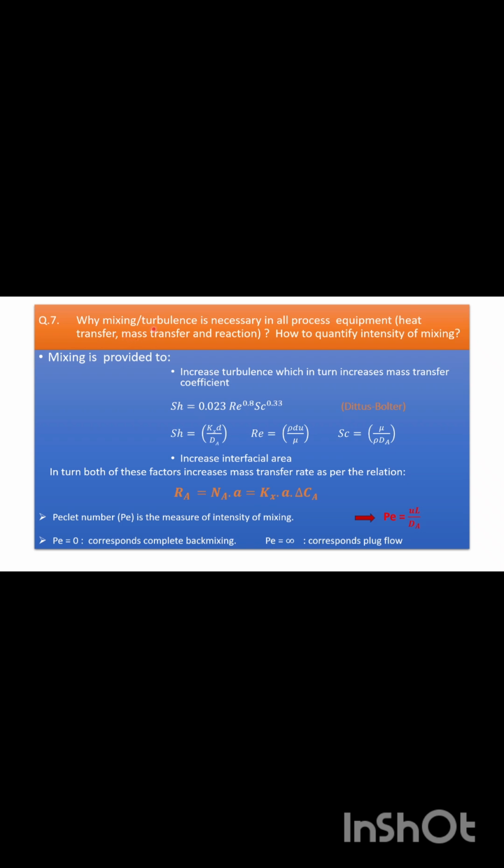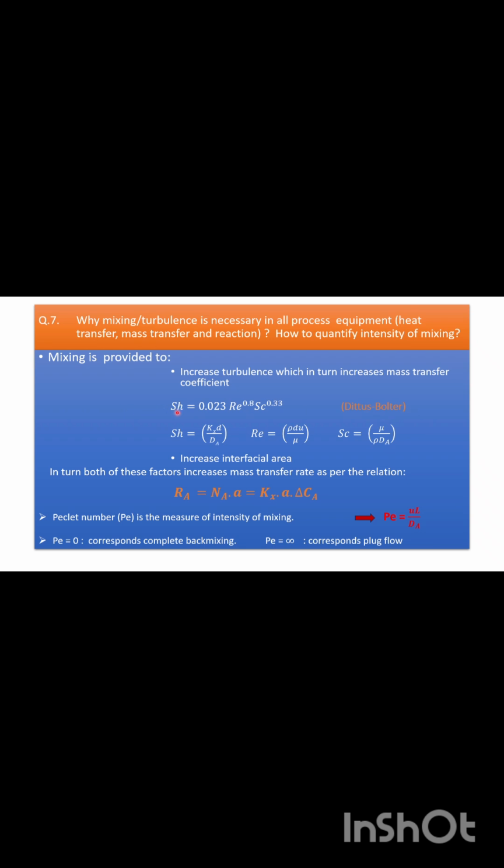Why is mixing necessary in all process equipment, such as in heat transfer, mass transfer, and reaction vessels? How to quantify the intensity of mixing? Mixing is provided to increase turbulence, which in turn increases the mass transfer coefficient as per this relation provided by Dittus-Boelter.